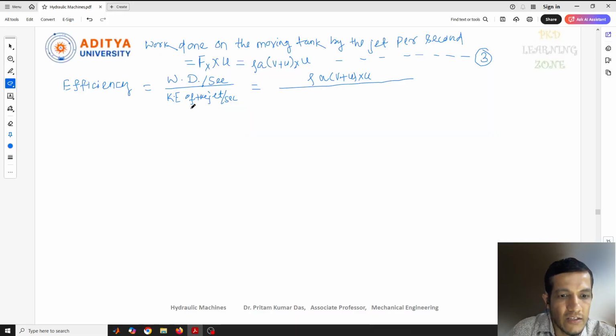And this kinetic energy of the jet issuing per second is nothing but half mv square. We can write it as half into the mass of water per second, into the velocity of the issuing jet. Issuing jet means the relative velocity needs to be considered, as simple as that.